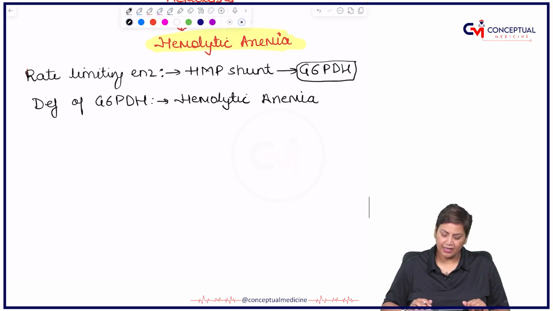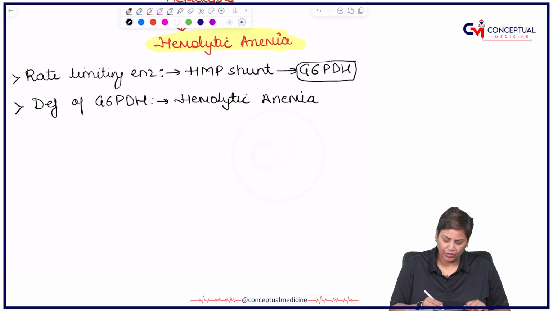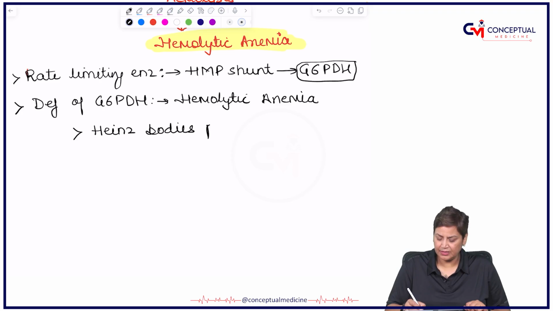And the third important point, the most important one in fact, is the presence of Heinz bodies in the blood. So the main feature of hemolytic anemia is that Heinz bodies are present. Very, very important.